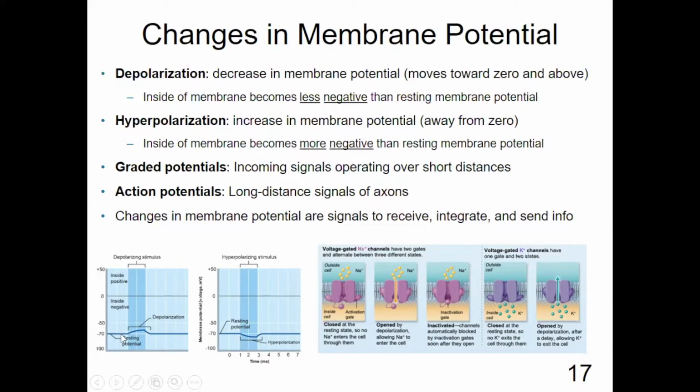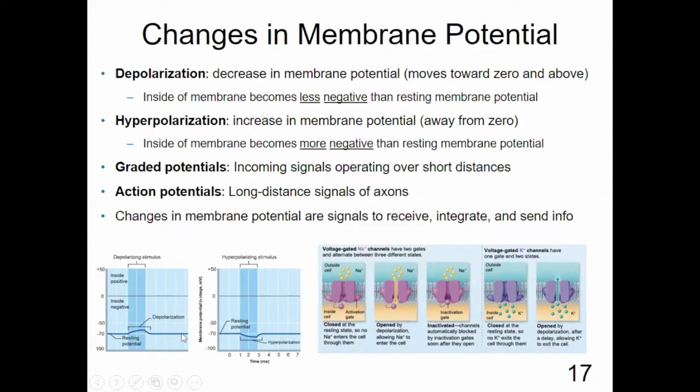If we stimulate this neuron with a depolarizing current pulse, the membrane potential of this neuron also depolarizes. So you see it's becoming less negative, and then it returns back to rest.